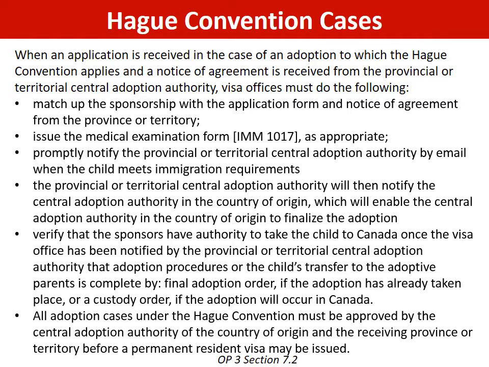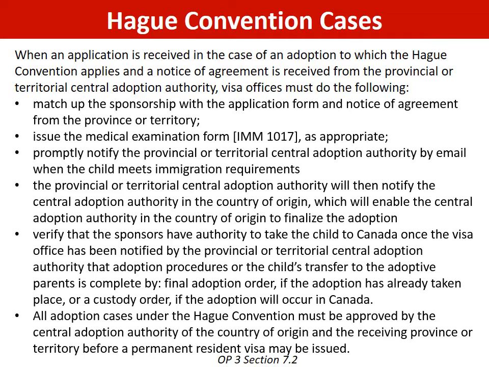So we saw those general steps on the procedures involved with immigration and adoption. But when we dig a little bit deeper, we can see these are the steps even further. So the first thing that they would do is just match up the application and the notice of agreement from the province.